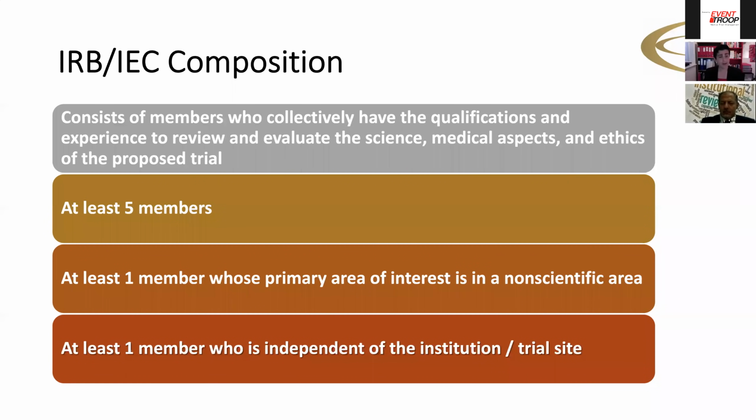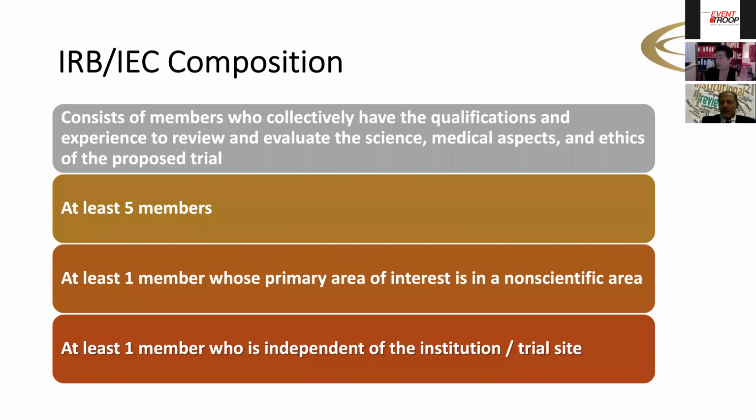And 1 member who is independent of the institution or trial site. Now, when we look at IRBs in an institution, the IRB is usually part of the institution, or affiliated to the institution. That is okay to do. However, when the IRB is made, there must be at least 1 person who is independent of the institution.